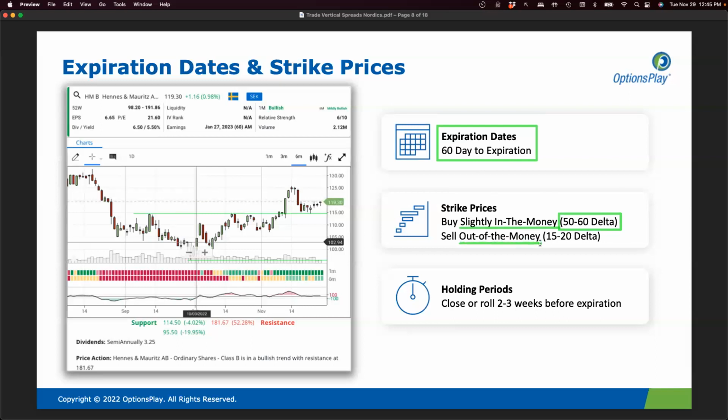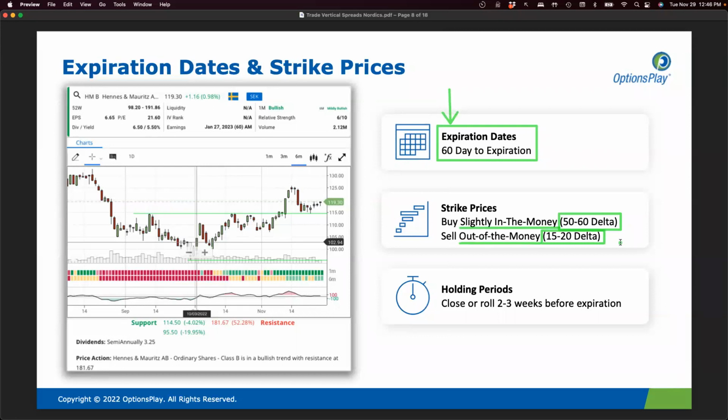And we usually want to sell an option that's about, or a strike price that's about one standard deviation away from the current price for that expiration date. So what we're looking at is, what is the one standard deviation move for 60 days? And looking at roughly selling the strike price that's about one standard deviation away. So 15 to 20 delta. So only about a 15, 16% chance that the stock will be above or below that specific strike price on that expiration date.